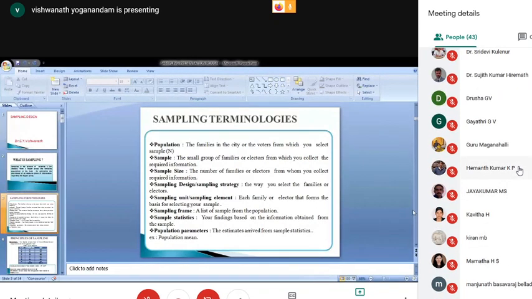Families or electors from whom you collect the required information is the sample. Sample size is the number of families or electors from whom you collect the required information. For example, the population will be 1 lakh. Suppose you are going to sample only 1,000. That would be the sample size.